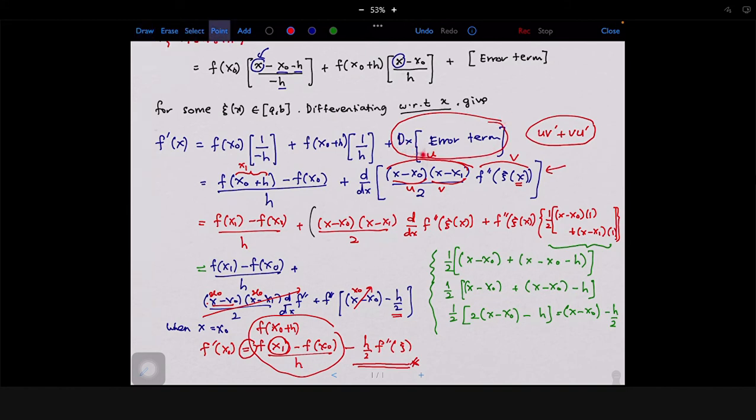So it just considers x equal to x naught to simplify the case. This is complicated, we just want to discuss it. It means the derivative can be created from the Lagrange polynomial, but with an error term. Can you follow? Okay, good.